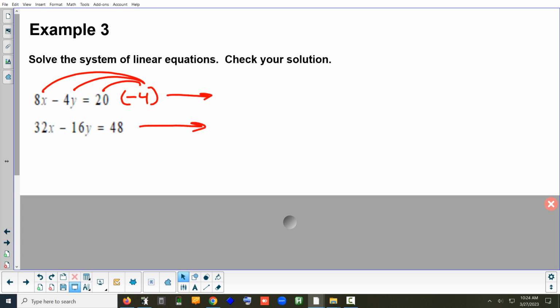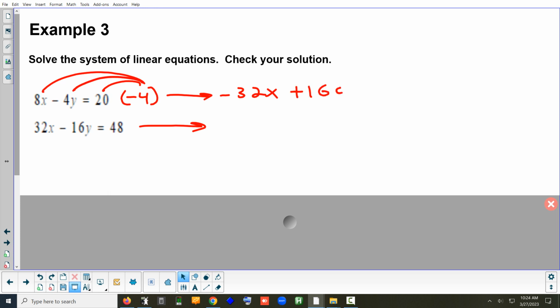Let's do this out and see what happens. Lexi, what's negative 4 times 8x? Negative 32x. Abby, what's negative 4 times negative 4y? 16y.